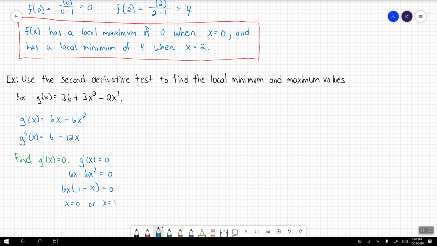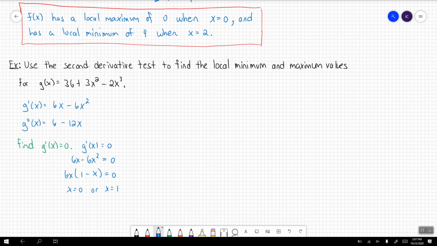Perfect. So now we're going to go through the rest of the process, and we're going to start analyzing the second derivative.